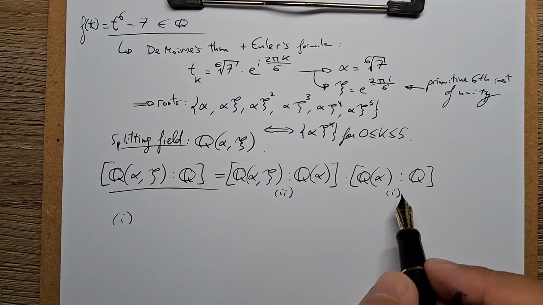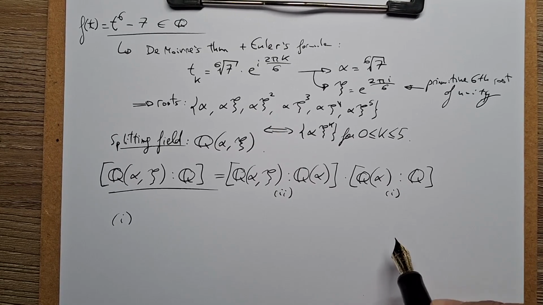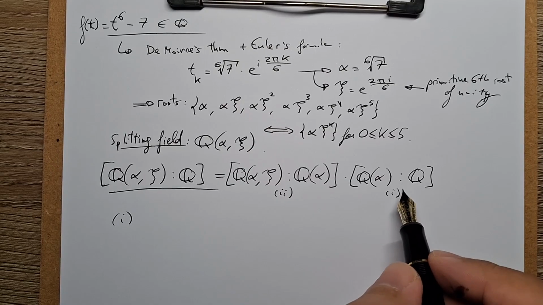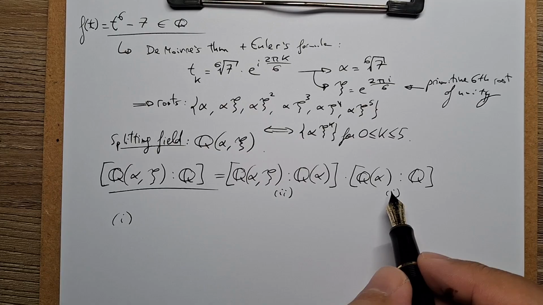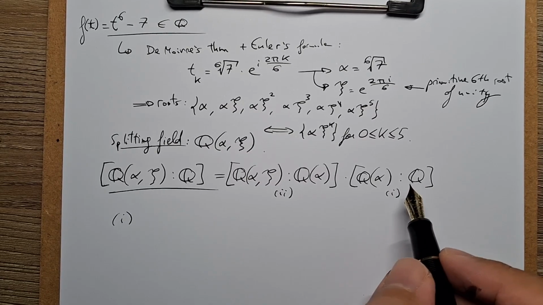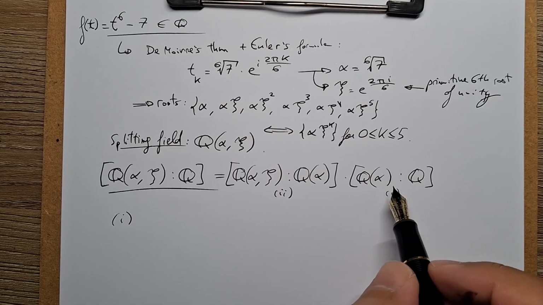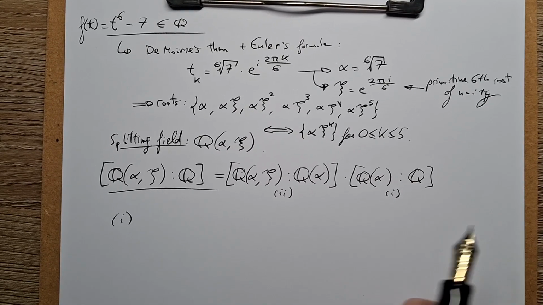Let's first find this degree. So to find the degree of Q adjoined with alpha over Q of this field extension, what we will do is we will first find the minimal polynomial of alpha over Q, and then we know by field theory that the degree of this minimal polynomial is actually the degree of this field extension.